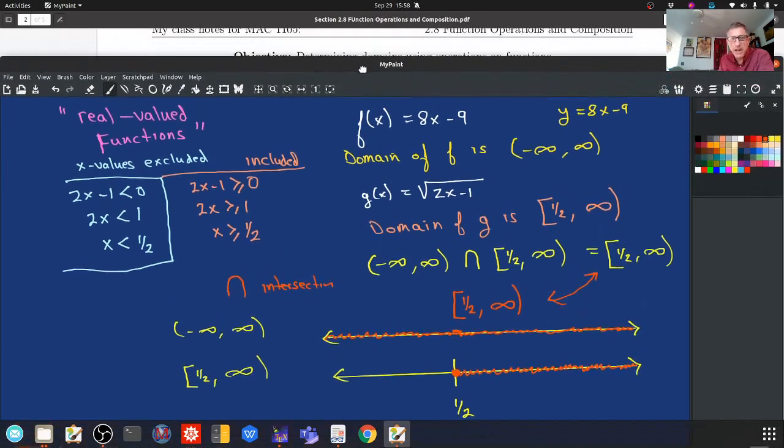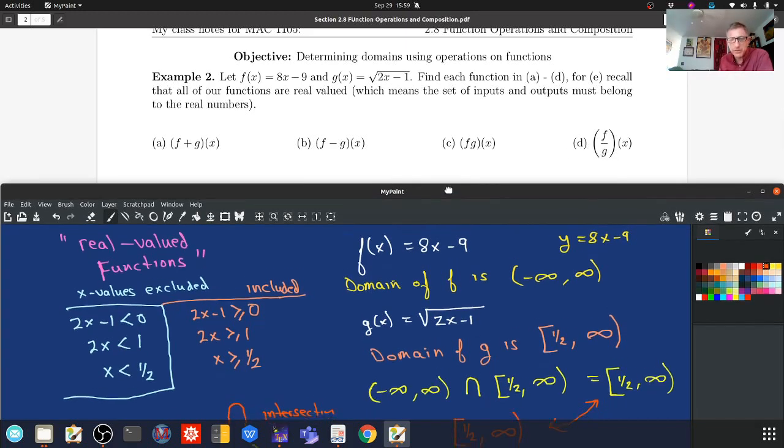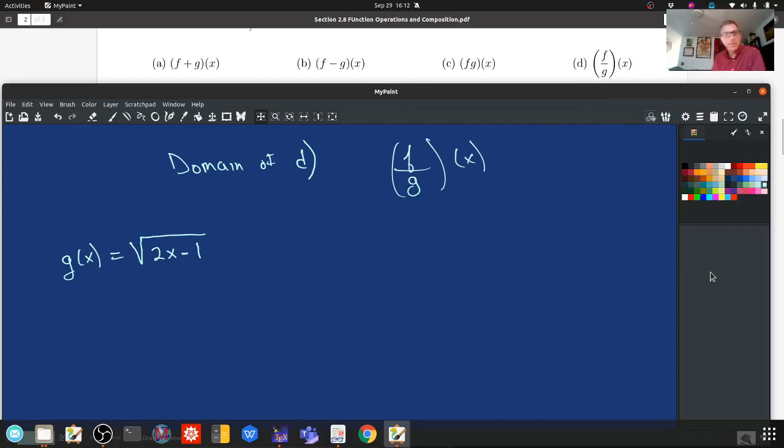So I just found the domain for A and B and C. So now what we want to do is find the domain of D. Is it going to be any different? So back to where we were.